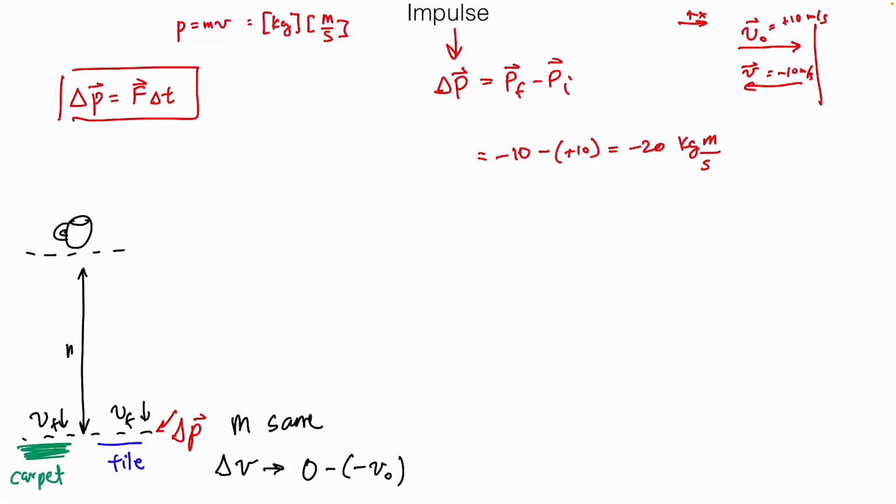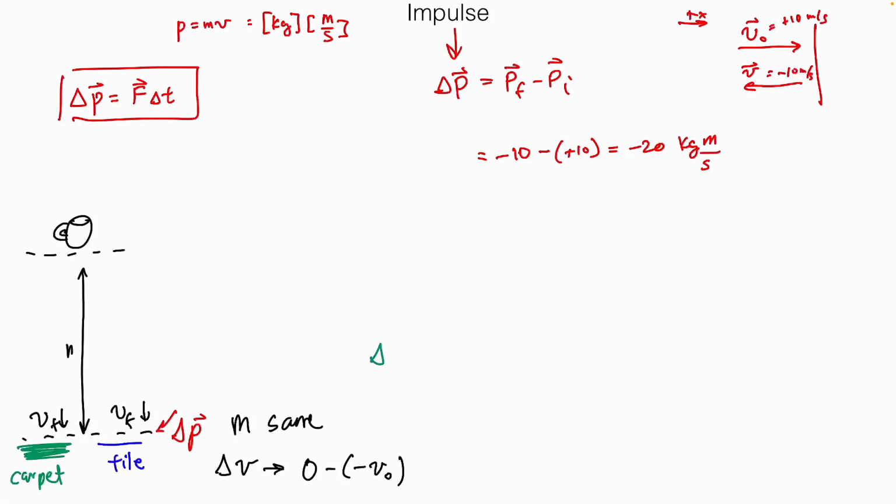Dropping it over the tile, the change in momentum is instantaneous, right? It happens over a very, very short time scale. And so if we compare, we've got this force-time relationship with the change in momentum, right? I should have done that, darn it, in green, because it's the carpet.